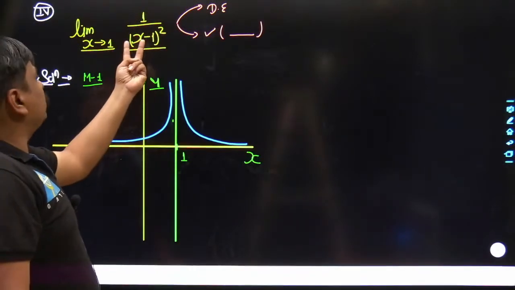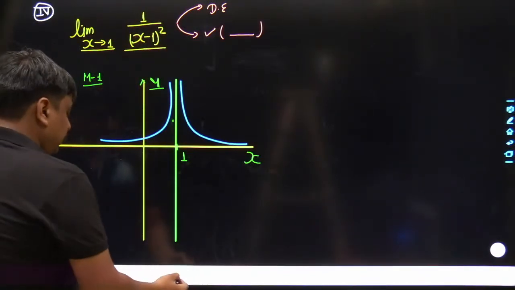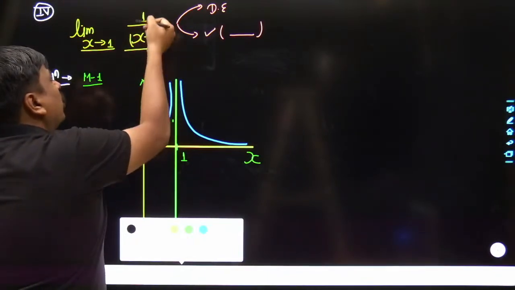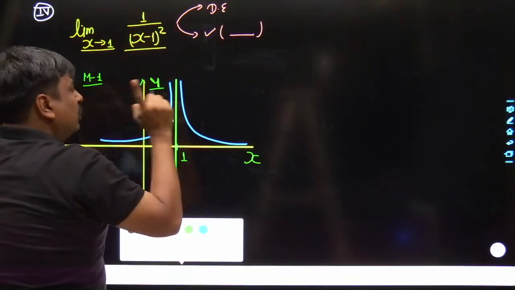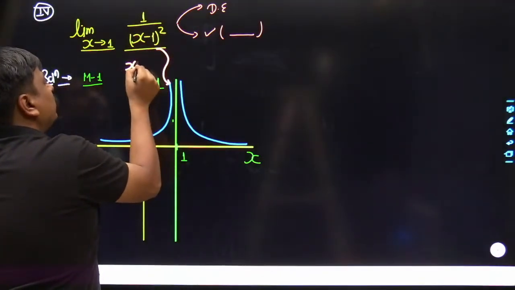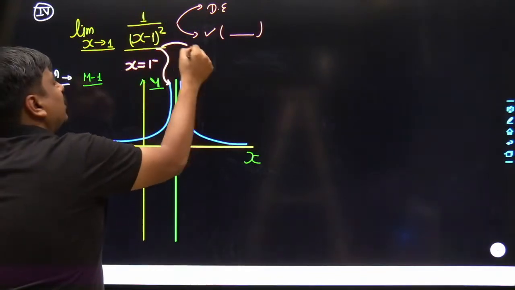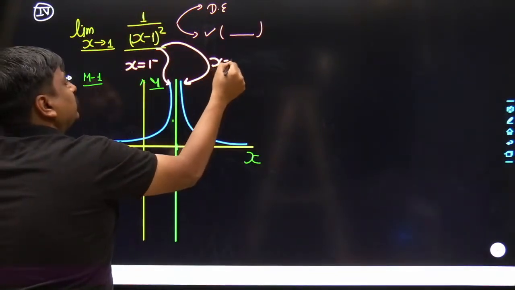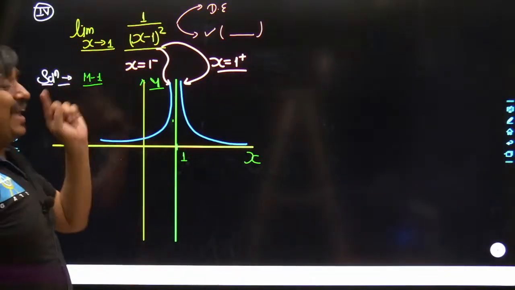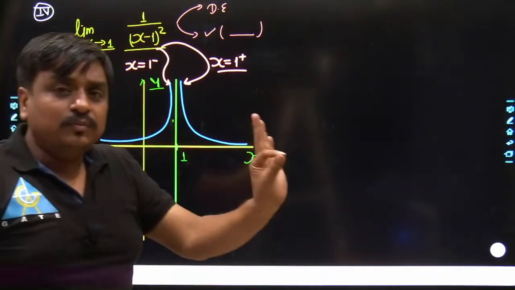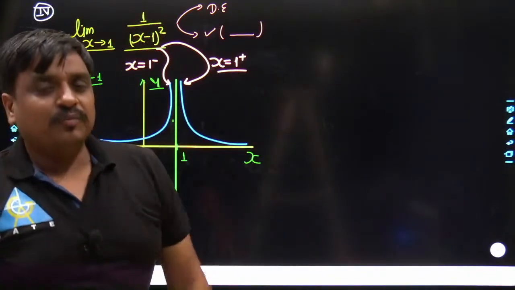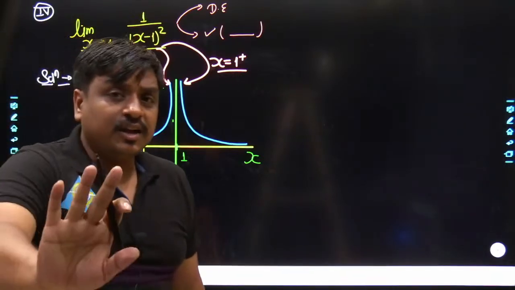At x equals 1, just try to understand in this way. At x equals 1, the denominator would become 0, and 1 upon 0 would become infinity. But I am going to take the reference of x equals 1 minus, and similarly x equals 1 plus. What does x equals 1 minus mean? That means x has been tending towards 1 from the left hand side, but could not reach exactly 1 and has stopped around 0.999999.